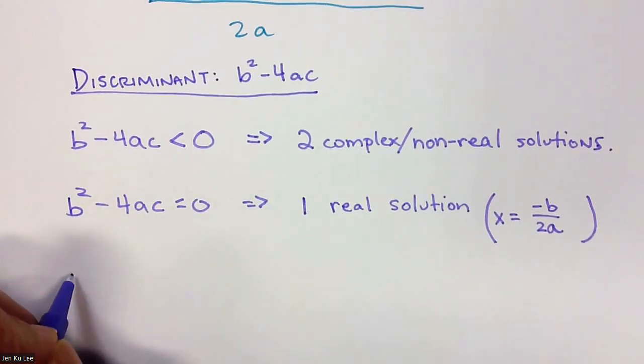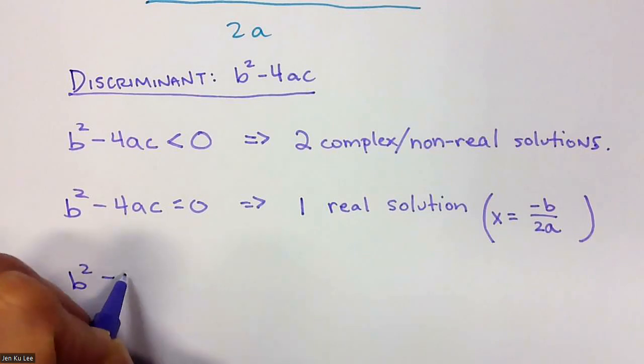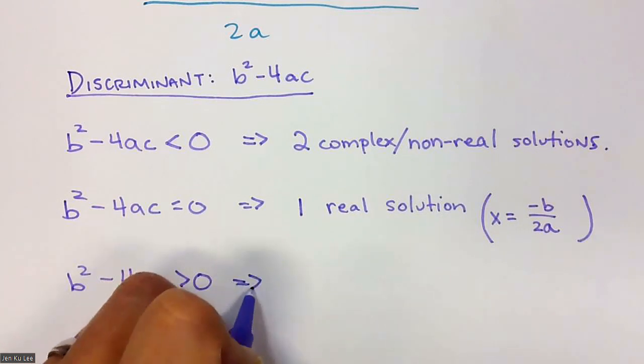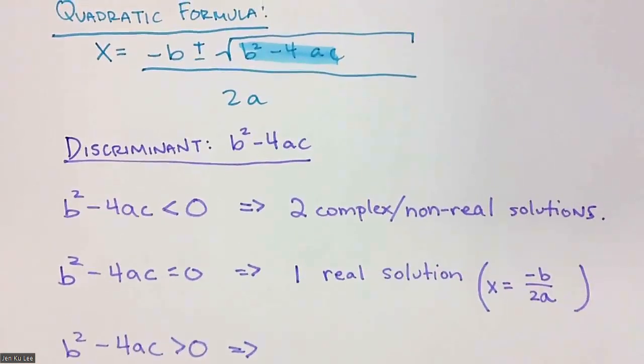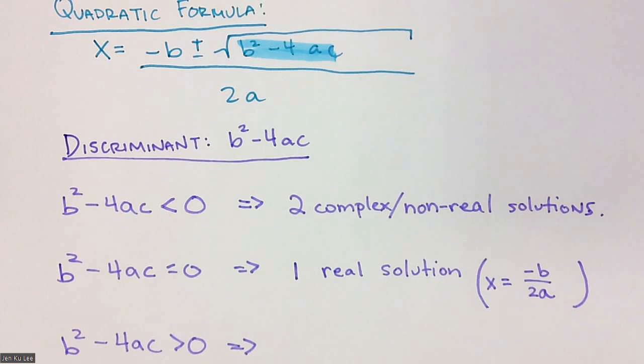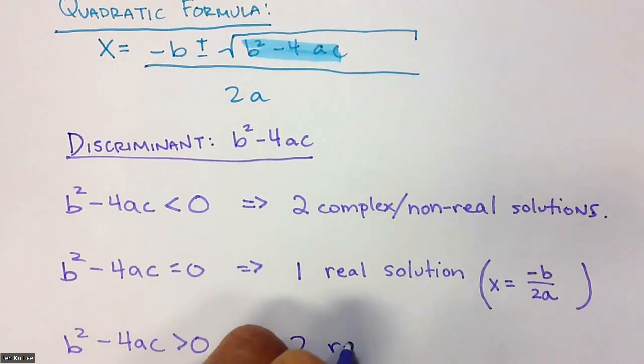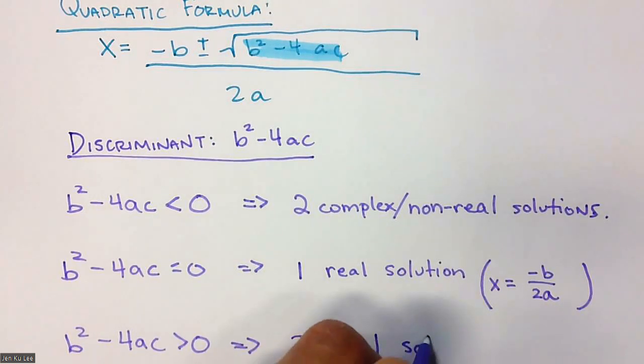So what about the last scenario, if b squared minus 4ac is greater than 0? If it's greater than 0, I would have two real solutions.